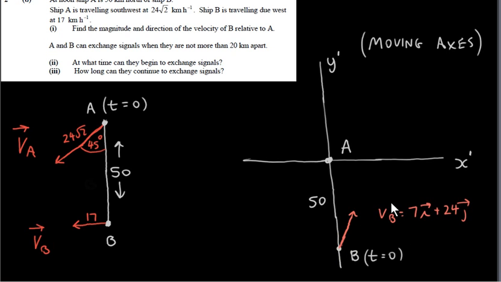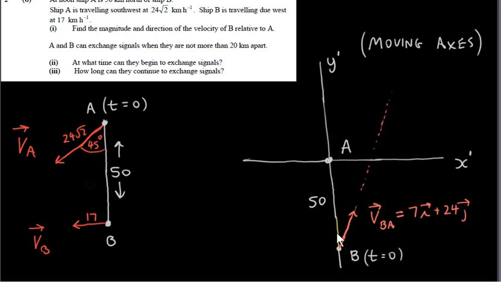It is 7i plus 24j, so this is the direction roughly. So this will be the trajectory of ship B as seen by ship A. So it will travel at constant speed along this straight line because its velocity is constant. This is VBA. We are going to be interested in the situation when the ships are 20 kilometers apart.